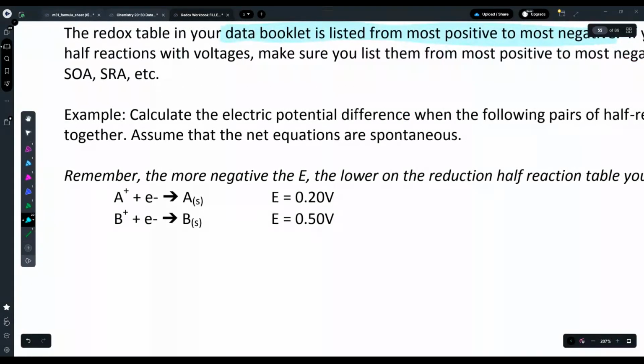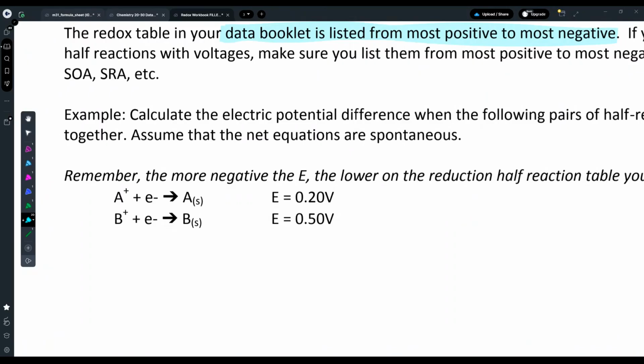We're given our first reaction: A1+ ions gain an electron to give us A solid, and that electric potential is 0.2 volts. For the next one, B1+ ions gain an electron to give us B solid, and the electrical potential for that reduction reaction is 0.5.